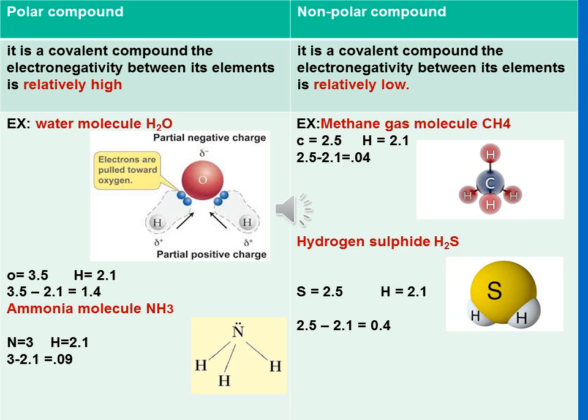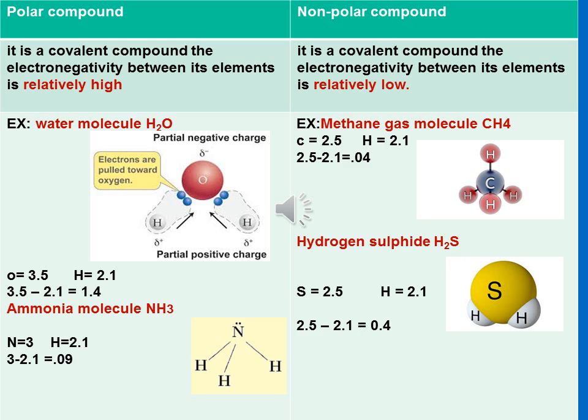Both of them are less than 1.7 because it's a covalent bond. In polar, it's almost 1.7, or less by a little amount. But in nonpolar, the difference will be relatively low, much less than 1.7.